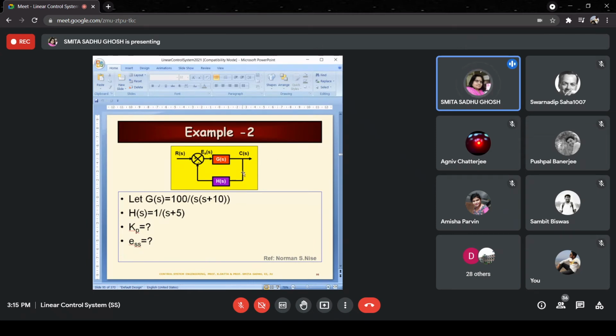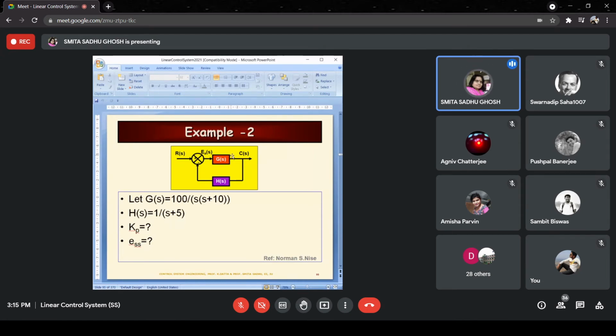Now, because of this H(s), that is a non-unity feedback in this particular case, it is not essential that your output is going to have the same units as the input, isn't it?